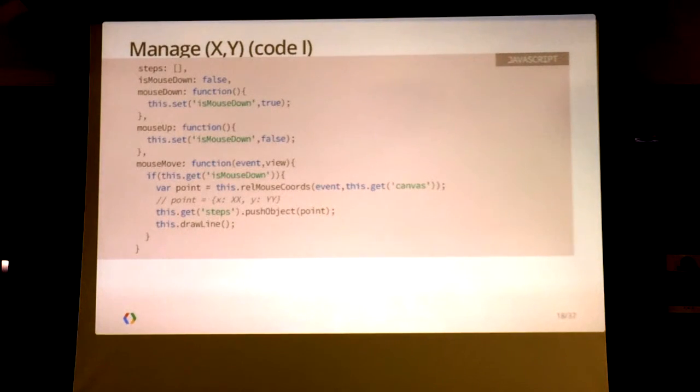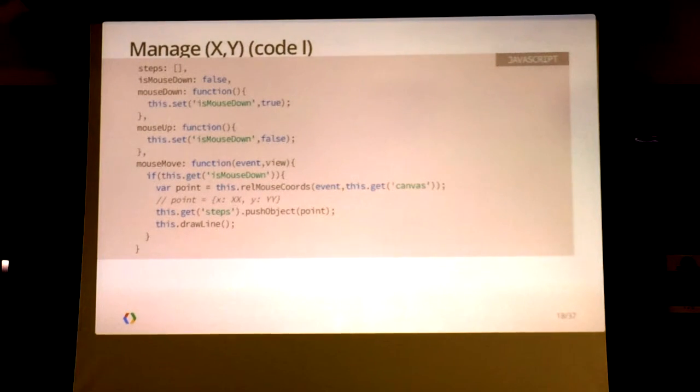And then as the mouse moves, we have to get that event from the web browser and then convert it into the XY points. And so you'll see that there's this relative mouse coords that is being called.